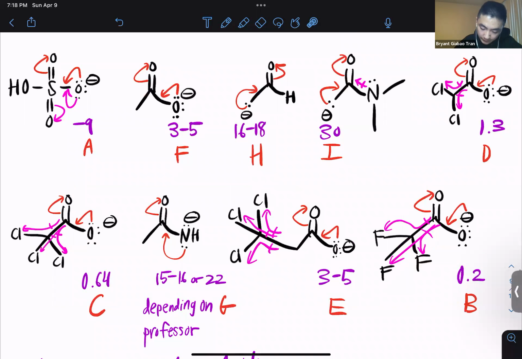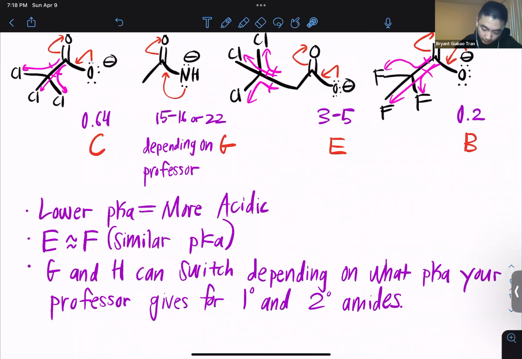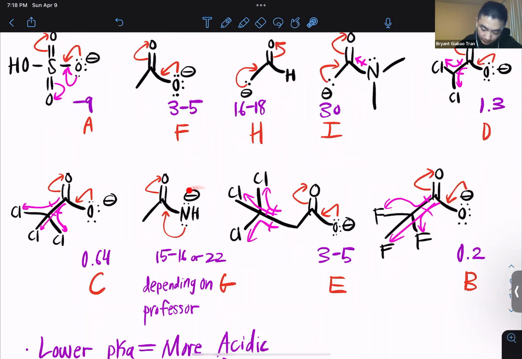And then for G, we see that this nitrogen here is less electronegative than oxygen, which means that it is not as capable of holding that negative charge that oxygen is, which is why the pKa is higher, making it less acidic.